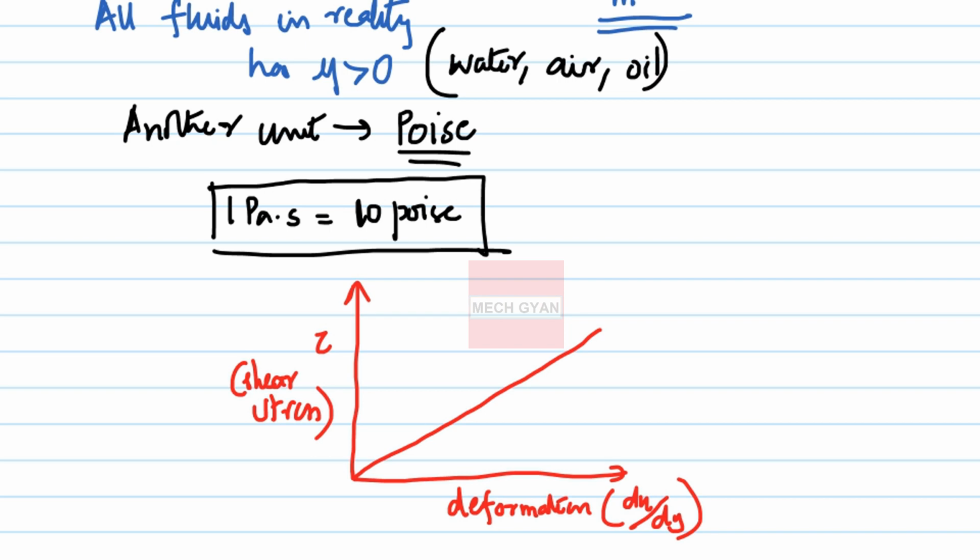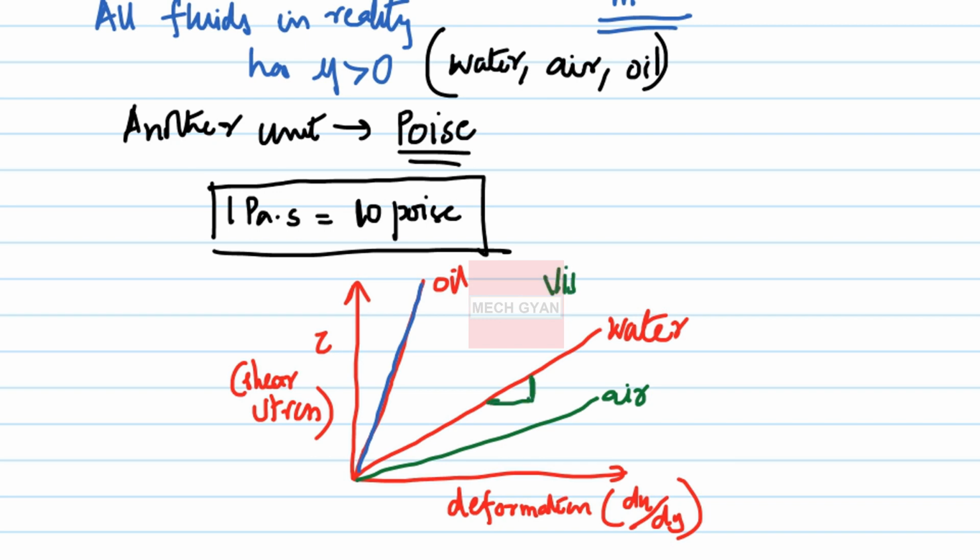Let this be for water. Oil's viscosity will be higher, so this will be the line for oil. Air is also a Newtonian fluid, so its value will be less than that of water. Here the slope denotes the viscosity.